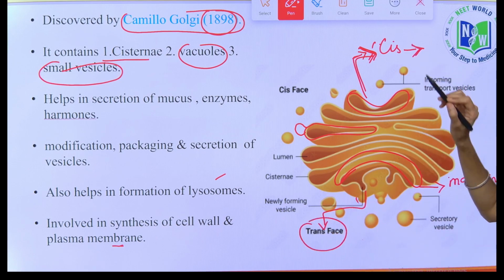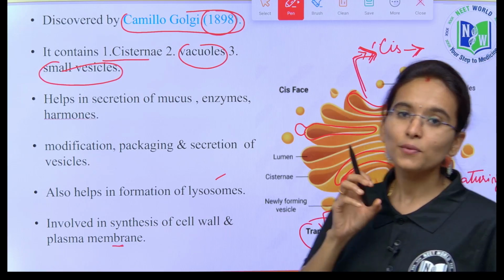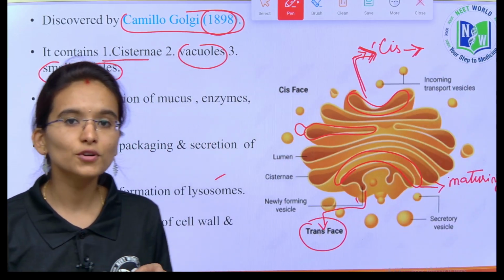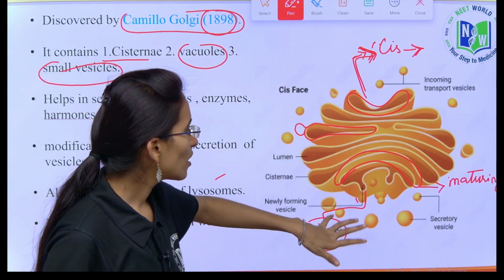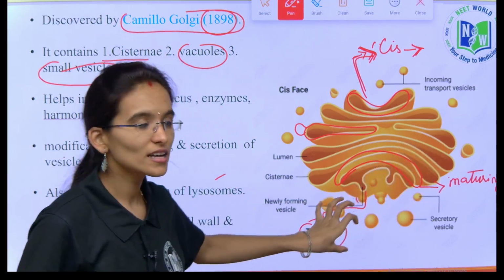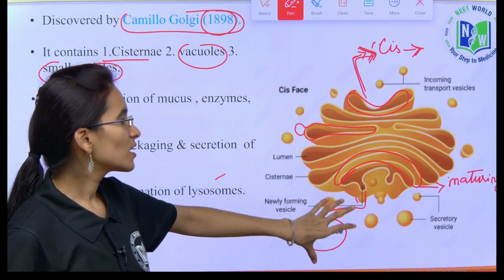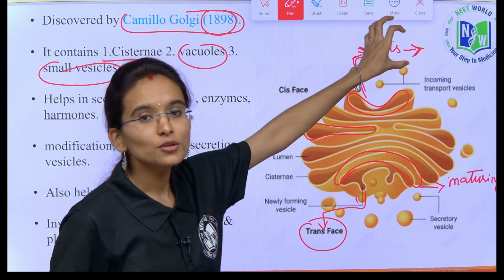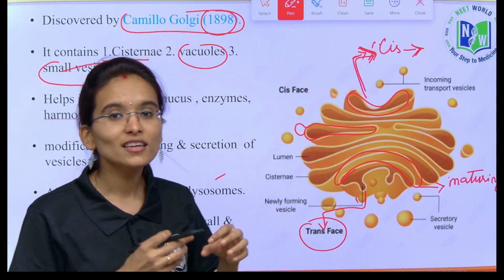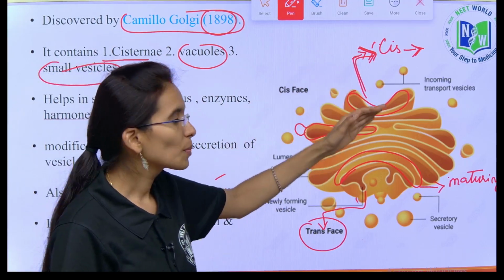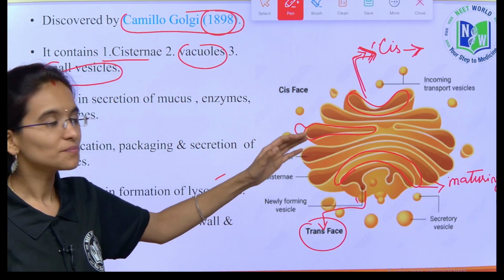In the cis phase, the proteins are transported inside the vesicles, and the last cisternae is called the trans phase. Here the proteins are matured, and after maturing in the cis phase, they are delivered to the trans phase.